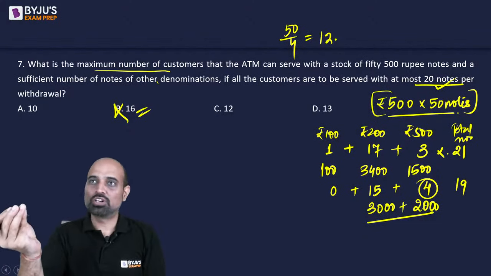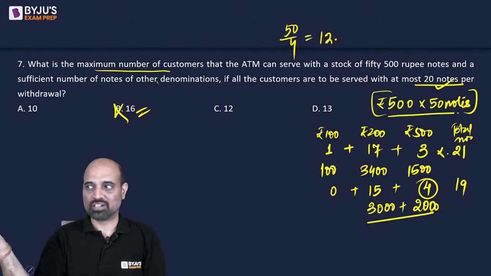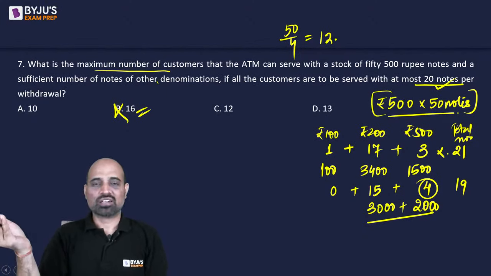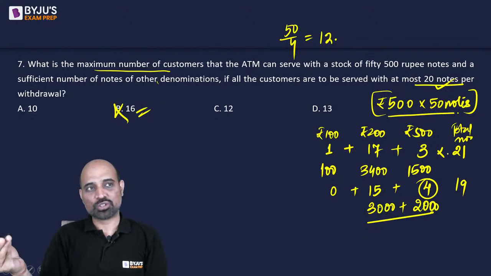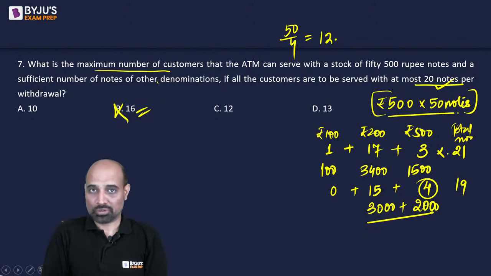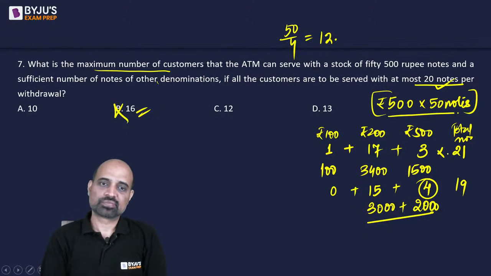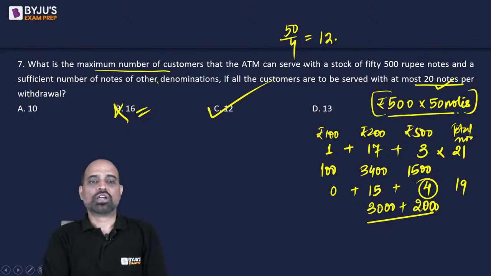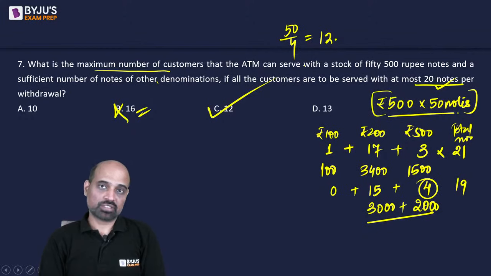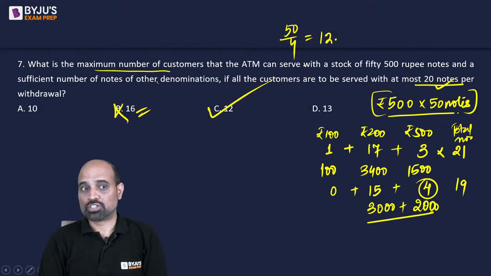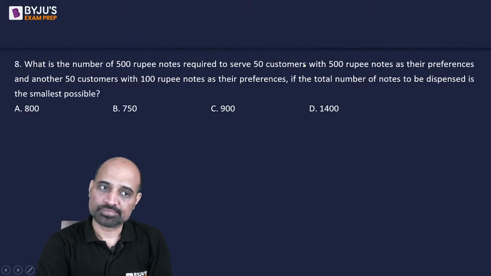Because one note of 500 rupees now has to be made up using 100 and 200, so the number of notes required will be more. Instead of one, more notes will be needed because the denomination value has decreased. So at most 12 customers can get served with less than or equal to 20 notes out of the total 5,500 rupee notes. Okay? So C is the answer.